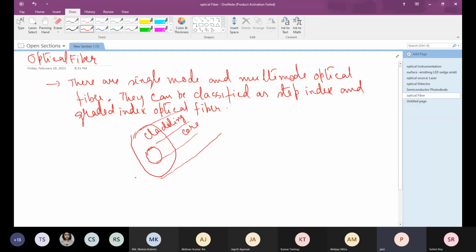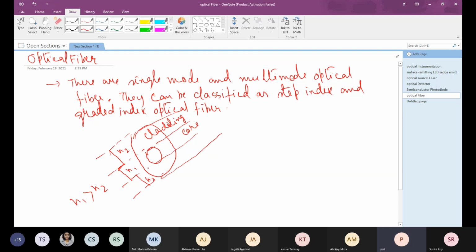Core refractive index is slightly higher. This is N1 and this is N2. N1 is greater than N2. So if N1 is much greater than N2, we can capture light from a very large angle.